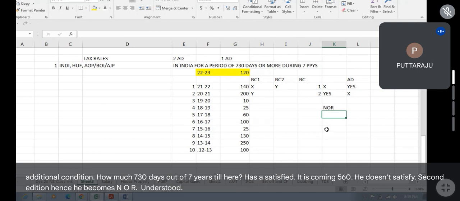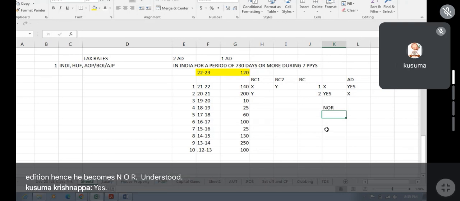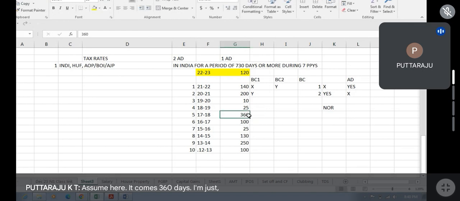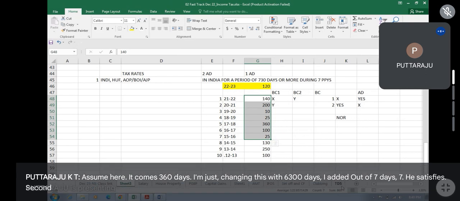Understood? Yes, sir. Assume here it comes 360 days. I'm just changing this. With 60, 300 days I added. Out of 7 years, he satisfies the second additional condition also.